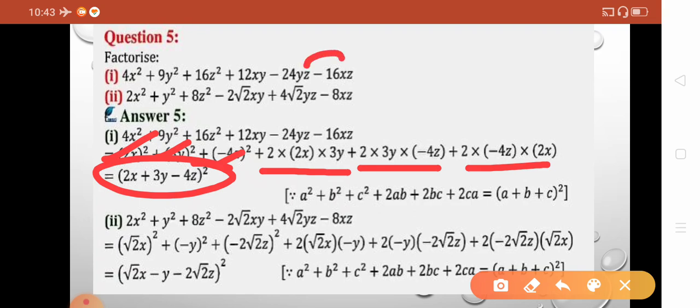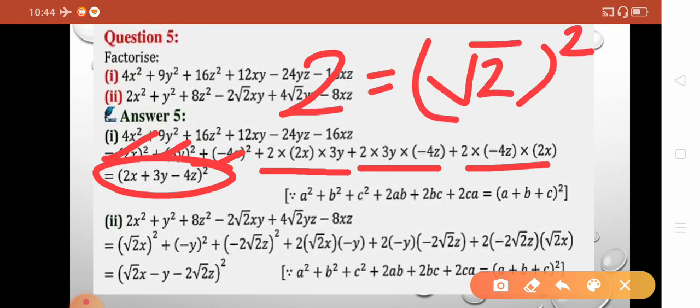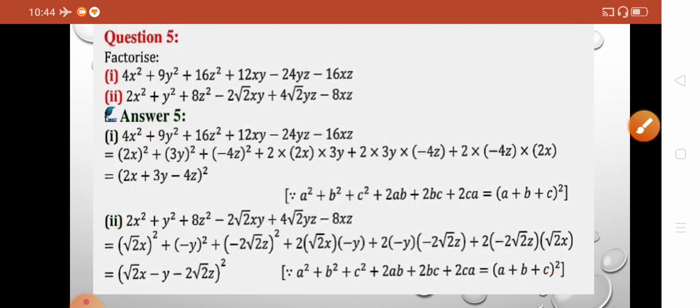Whenever 2 is given you have to find the square, because the square of a square root is equal to the number. So you can write 2 is equal to root 2 whole square. Y square is given with a minus sign, so wherever b is there, minus sign is given, so we will write the value of b as minus y square, and c likewise.